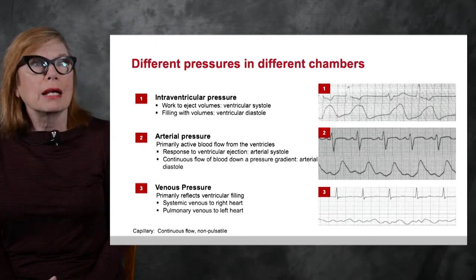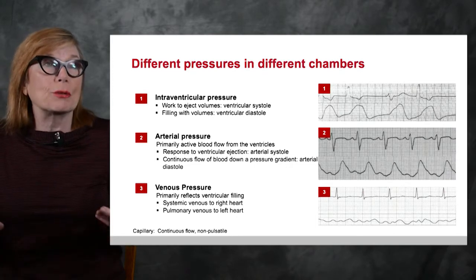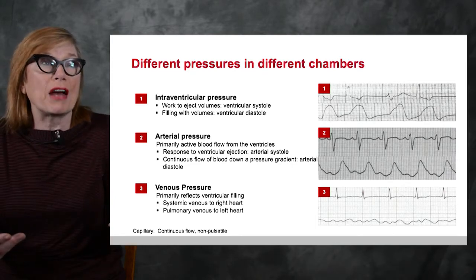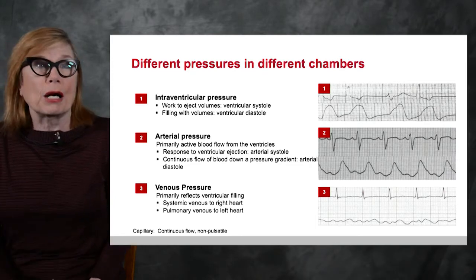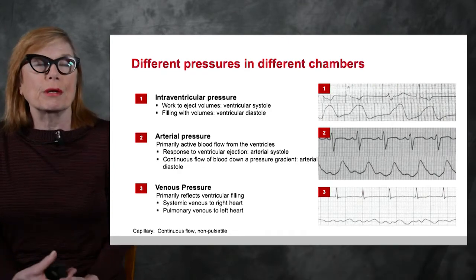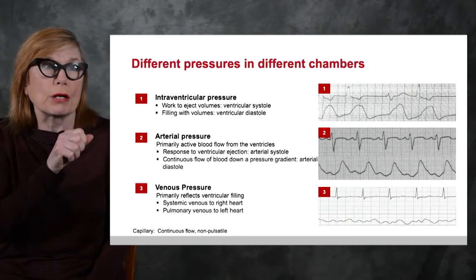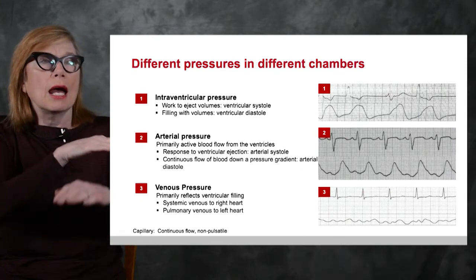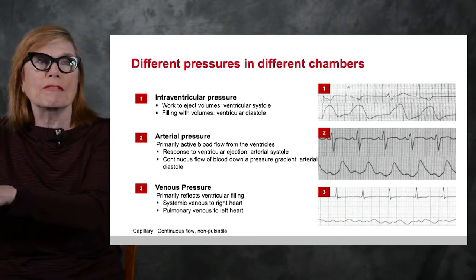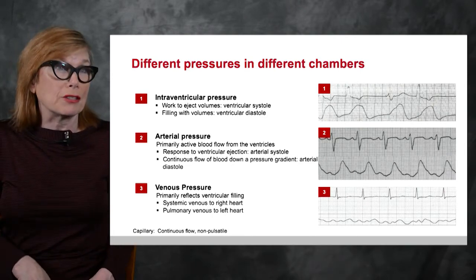Arterial pressure is that response to the active ejection of blood from the ventricles, looking at pulmonary artery pressure and systemic artery pressure, the combination of the response of the artery to a ventricular ejection, and then the constancy of blood flow through the vessel, which is our diastolic pressure.